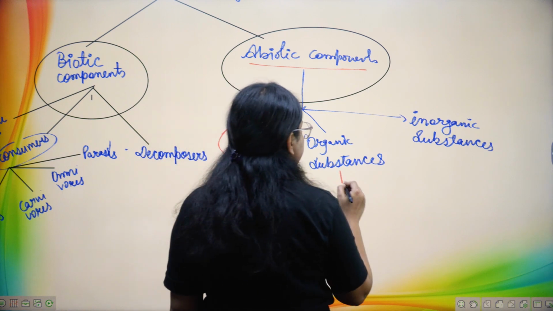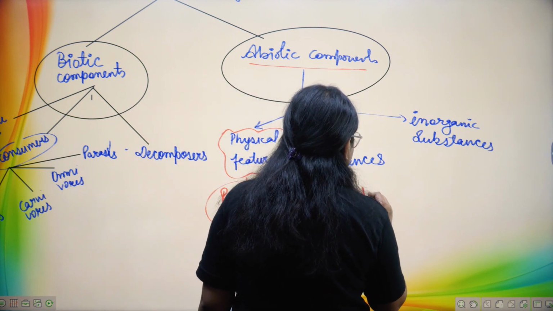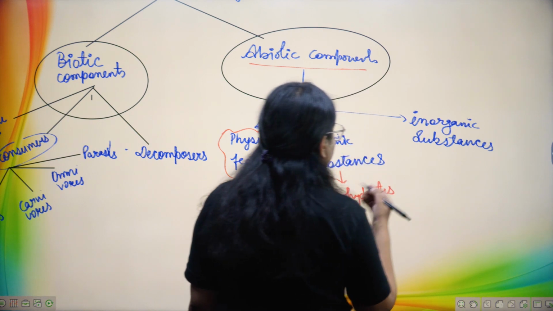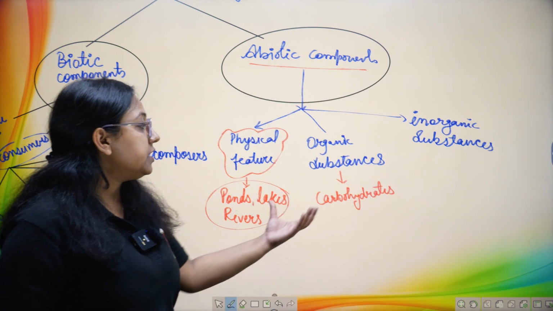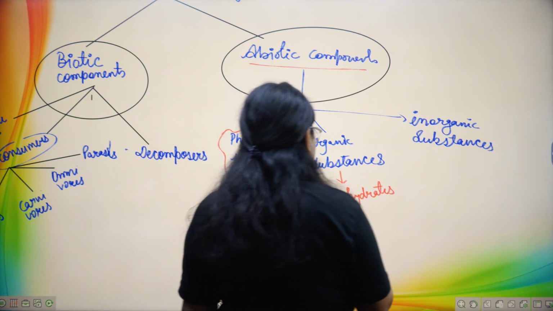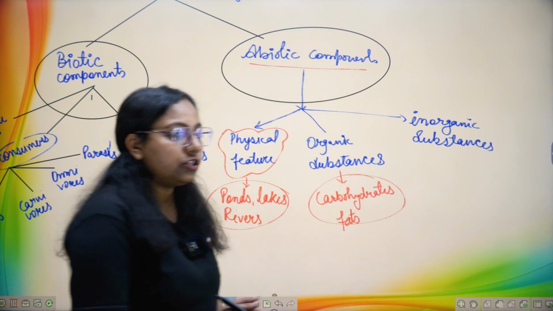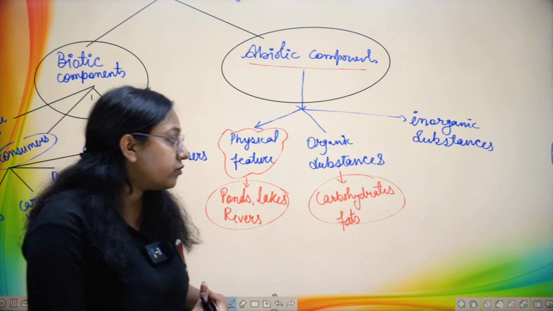Then organic substances like carbohydrates, very important for any living being to survive. These are the organic substances, like nutrients in our body, carbohydrates, fats. These are natural substances which we get naturally.